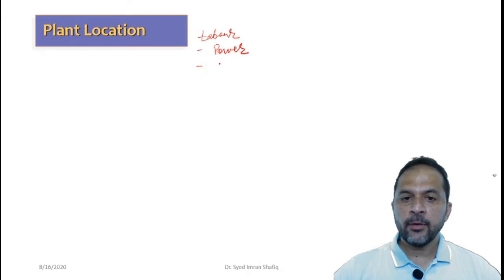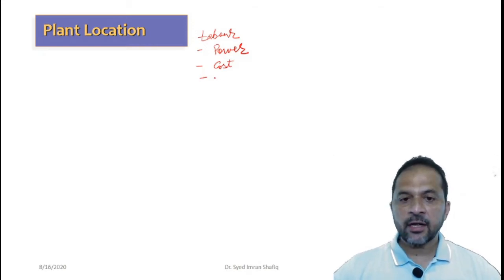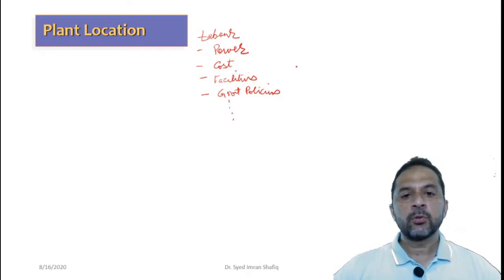Number four can be how costly it is, cost. Number five can be what are the different facilities that are available there. And there can be the government policies in that region, and many more. So these are some of the main factors that can influence plant location.